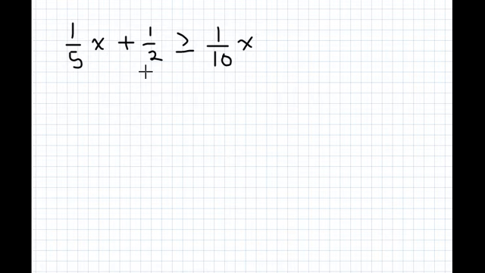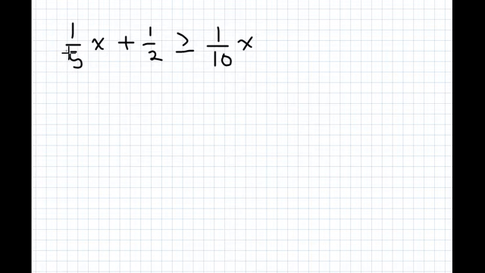So what I'm going to do here is multiply through by 5 and just get rid of this 5 here. I'm going to multiply through each term of this inequality by 5.